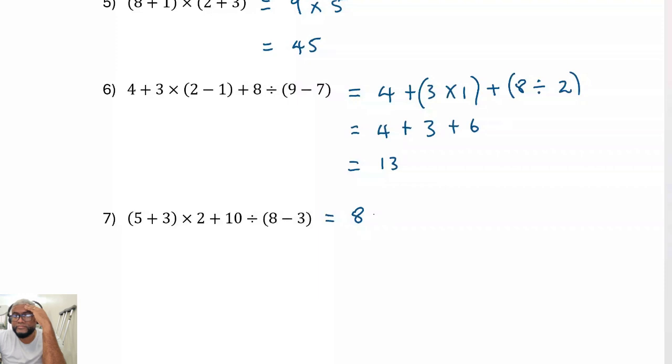And 8 minus 3 is 5, sir. What do I put in between here? Plus. So you put the 8. You work out 5 plus 3 is 8. What comes next? And 8 times 2. Right, so you put back the times 2. And plus 10, sir.